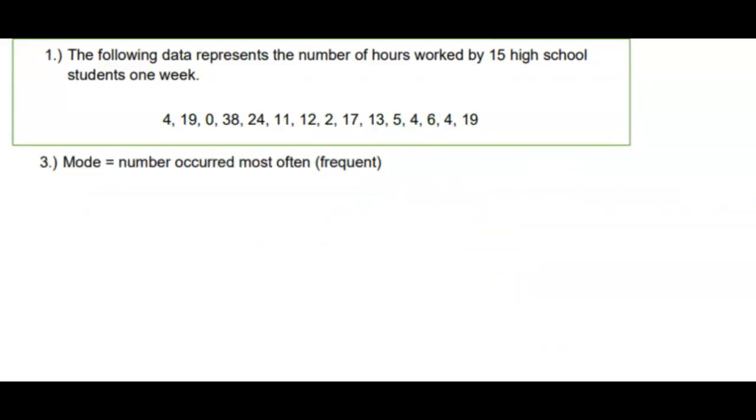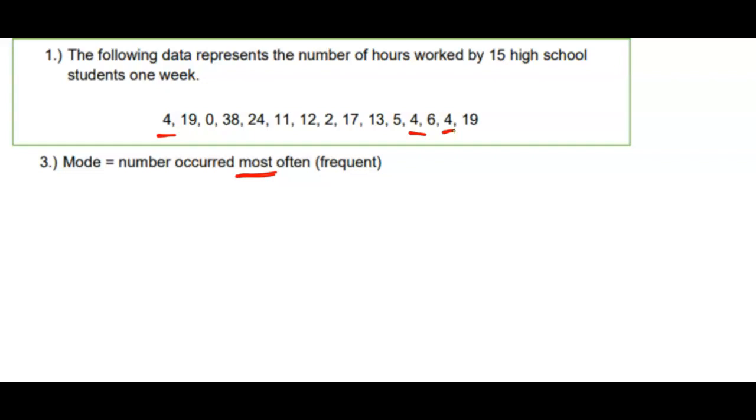What about mode? So mode is looking for the 1 number or 2 numbers, if it happens to be listed the same, that's listed most often. So if you remember from the list, 4 was listed 3 different times, okay? And then what other number was listed multiple times?